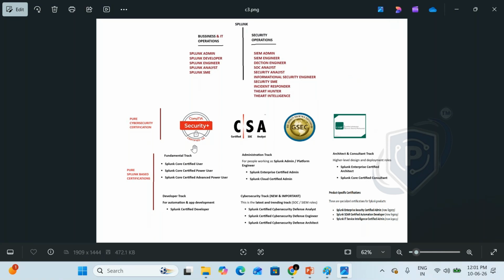So EDR works with behavior analysis. Antivirus works with signature analysis, signature based, whereas EDR works with behavior analysis. EDR can't monitor continuously. For continuous monitoring, SIEM tools will come into the picture. That's my point. Like that, based on your expectations, SIEM tools will come into the picture.